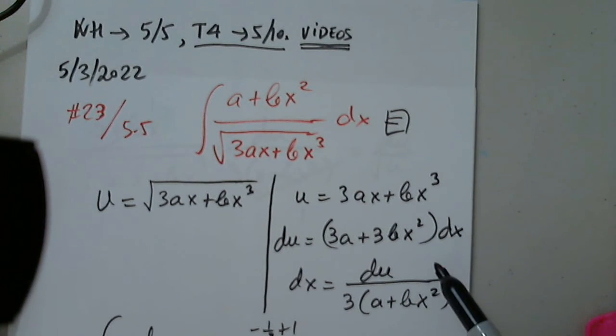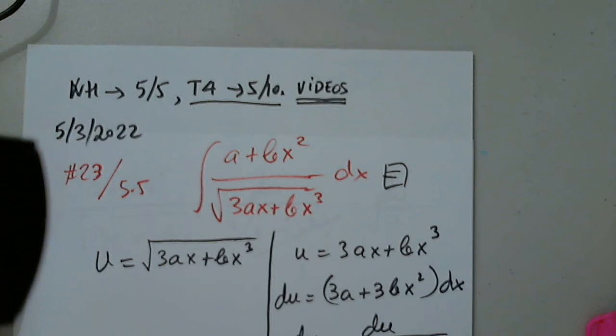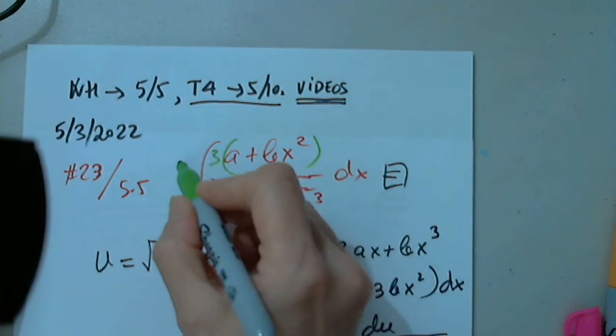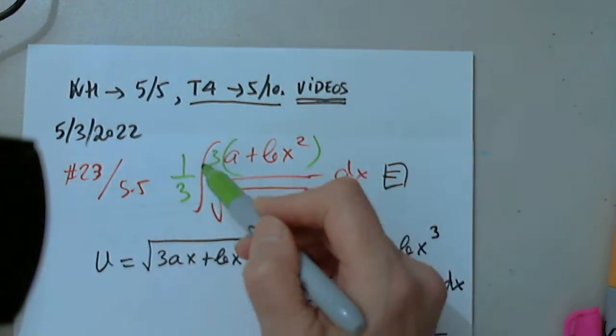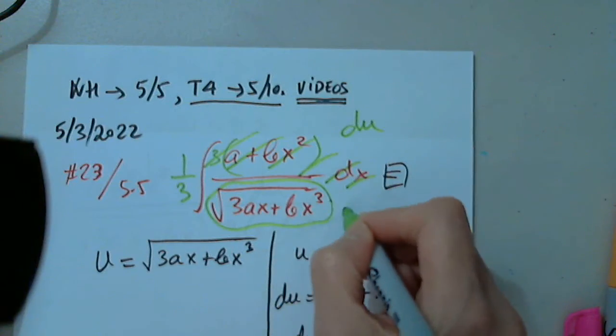What I would have done, which is, this is perfect. If that works for you, please, that's absolutely fine. What I would have done, I would have multiplied by 3 and divided by 3. And then I see that all this is du, and I see that this is the square root of u.